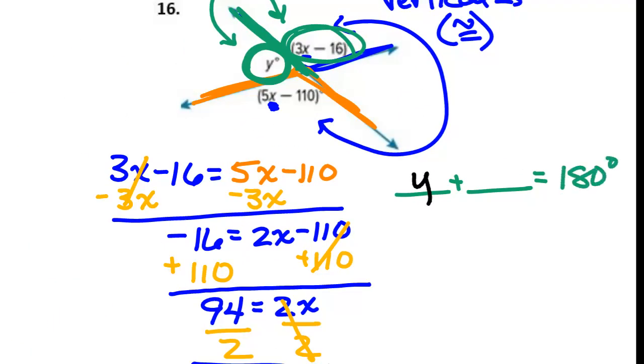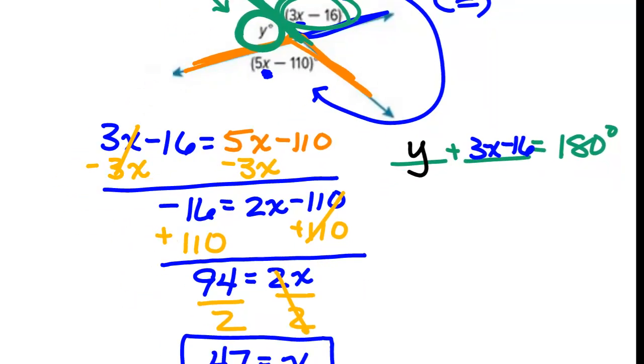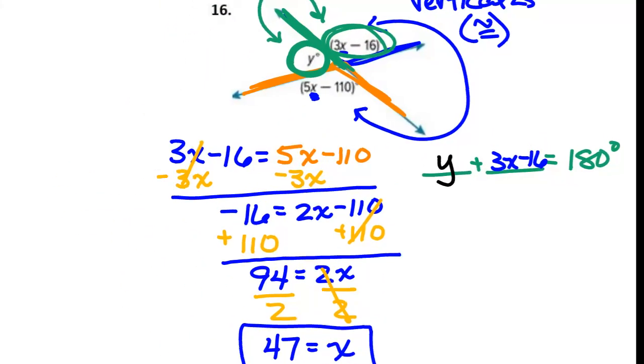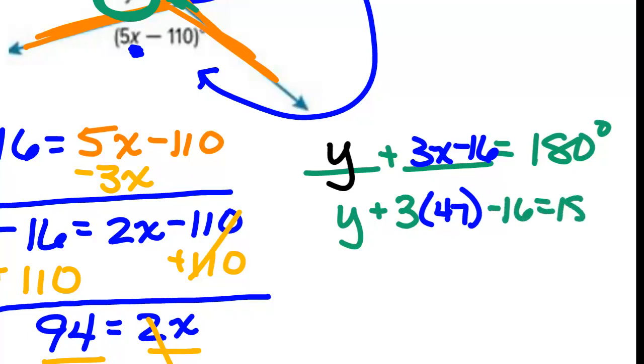One of those is y. The other one is 3x minus 16. And we just found out that x is 47. So I have y plus 3 times 47 minus 16 equals 180.